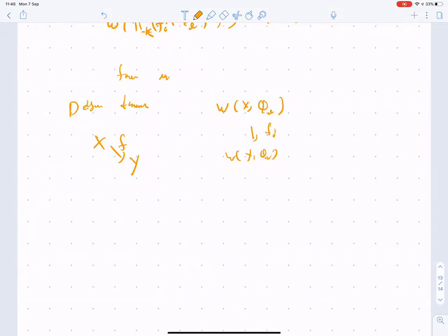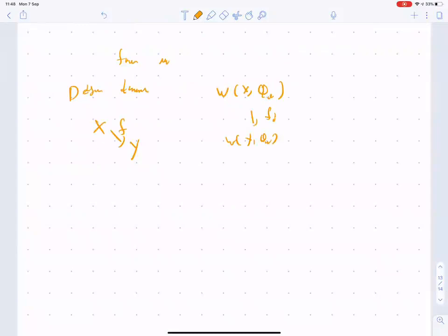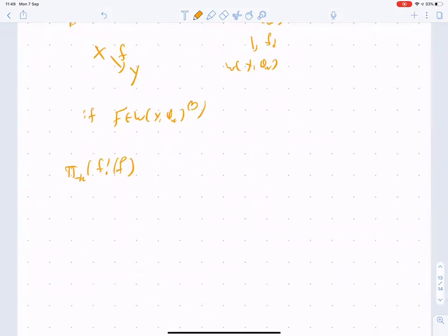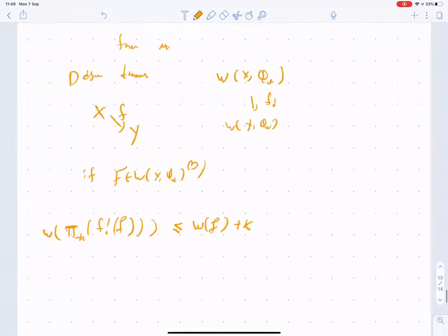That's the situation that I'm in, and the statement is that if F is a sheaf on X with QL coefficients, then pi minus K of F lower Schrick F, so this is going to be in the heart, this is going to be an actual sheaf, and I'm going to take W of this thing smaller than or equal to the weight of F plus K. Okay, that's going to be the general statement.